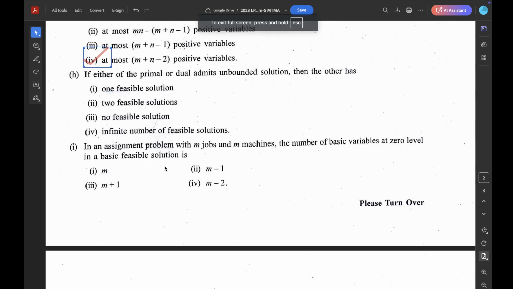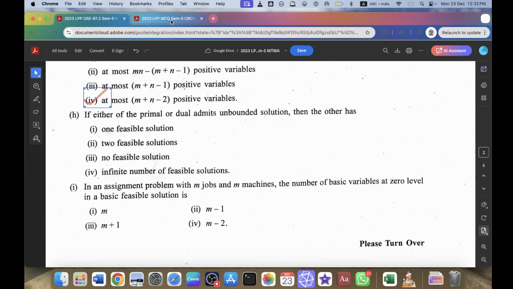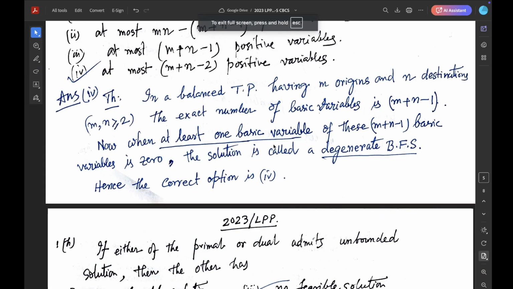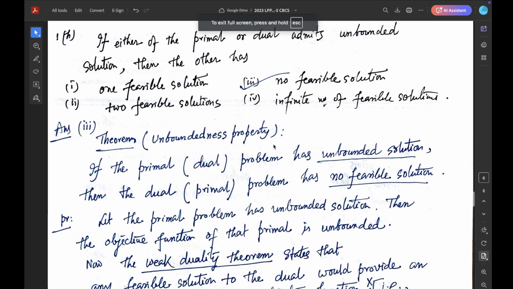Question 1H. If either of the primal or dual admits unbounded solution, then the other has: option 1, one feasible solution; option 2, two feasible solutions; option 3, no feasible solution; option 4, infinite number of feasible solutions. Now we have the unboundedness property.